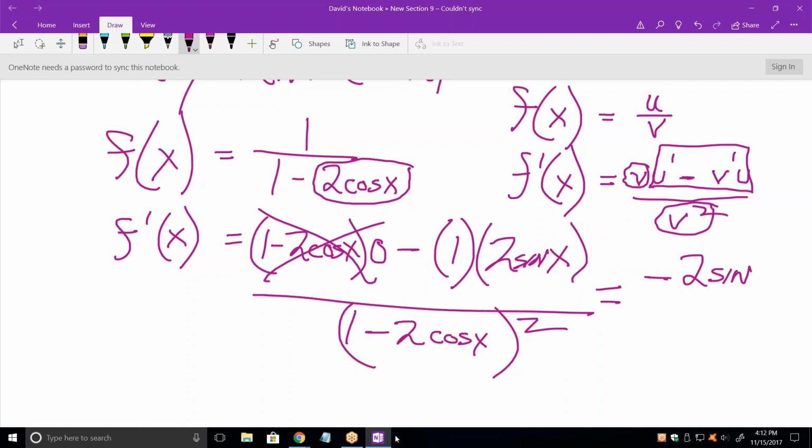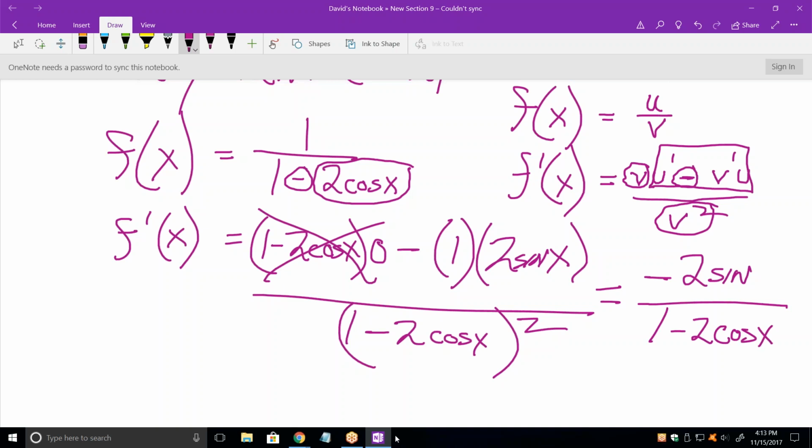In other words, I had that minus right there, and I had this minus right here, which is a different minus. And then when I took the derivative of cosine, I got minus sine. So I do have three negative signs, which combine to make this single negative sign in the numerator. It's all over this.